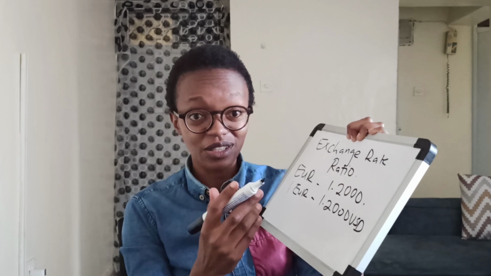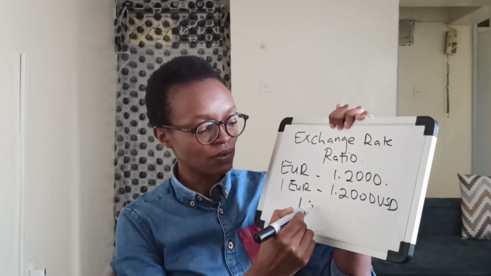So if I was to write this in the form of a ratio, it would be 1:1.2000, right? Let me give another example. If you're told that for every 1,000 people, there's going to be 1 millionaire, and I was to write this in the form of a ratio, it would be 1:1,000, right?